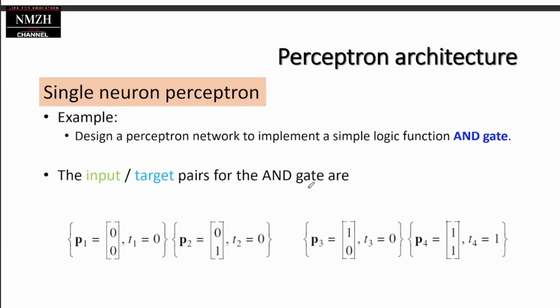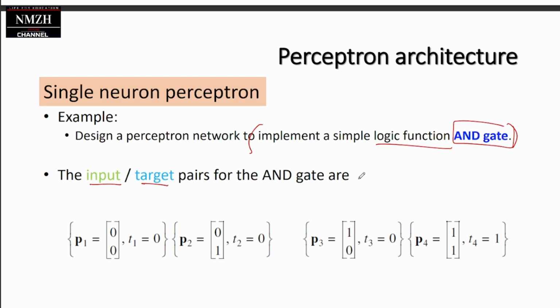Okay, right. So here is the example for a single neuron perceptron. Basically, we'll be discussing designing a perceptron network to implement a simple logic function, whereby we have an AND gate over here. So commonly, the things that will be given in this particular subtopic are input and target.